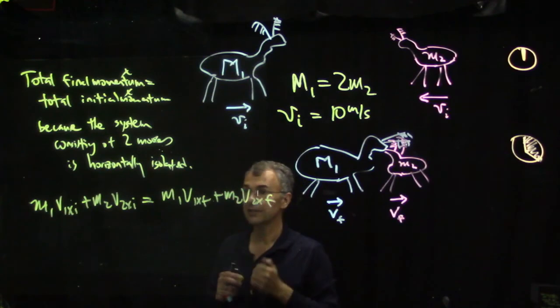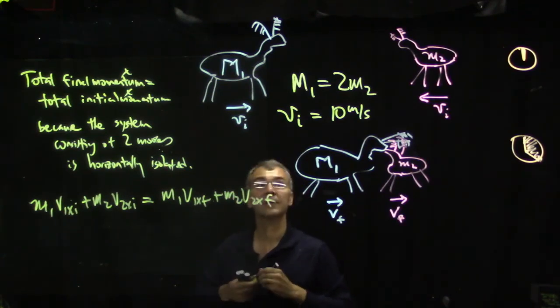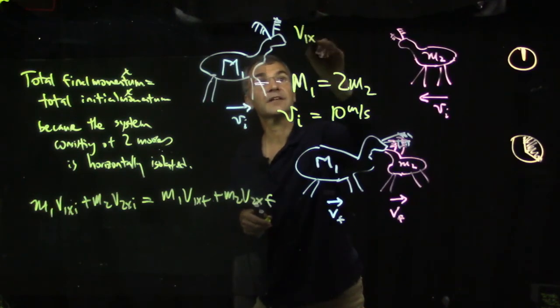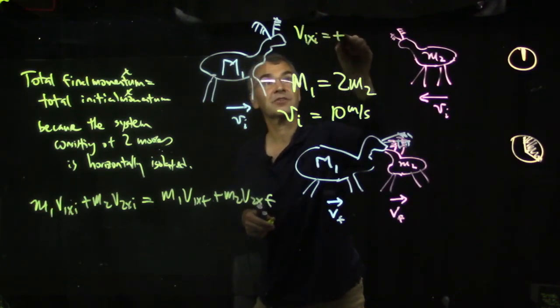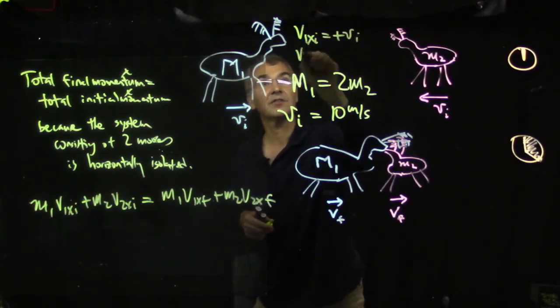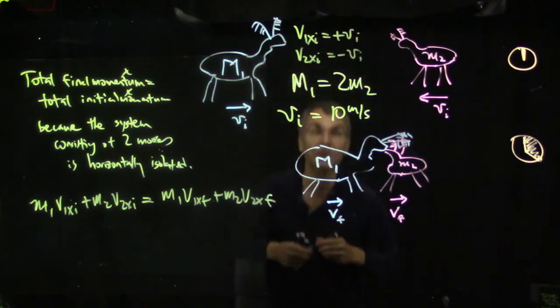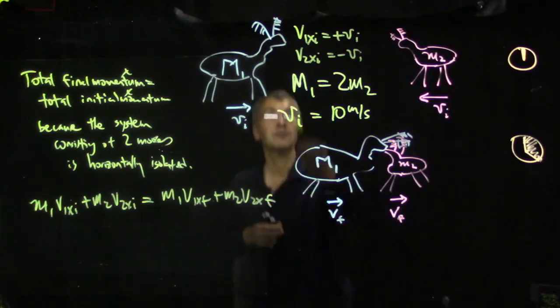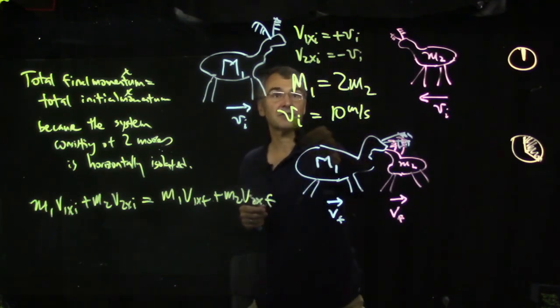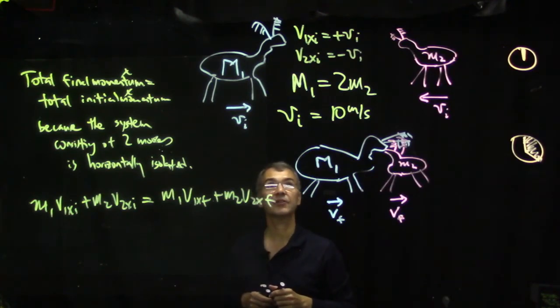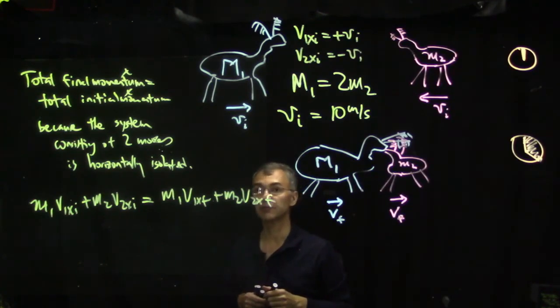But we can simplify. We know that v1x initial is plus v sub i, and v2x initial is minus v sub i. v sub i is just the speed. In other words, v1x initial is plus 10 meters per second, v2x initial is minus 10 meters per second. We also know that m1 is 2 m2.